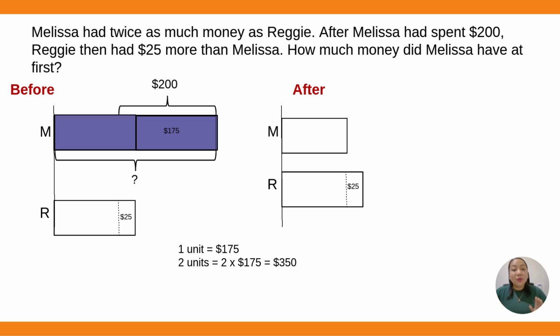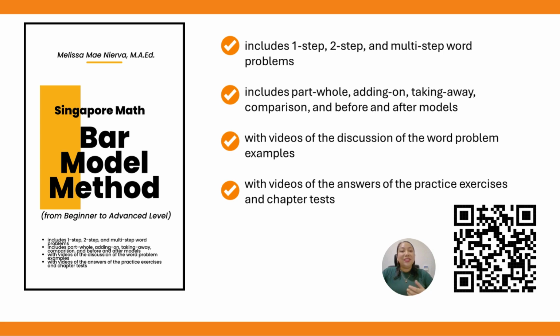And we can now see that one unit is equal to $175. So to get what two units are equal to, all we have to do is to multiply 2 by $175. And that will give us $350. Therefore, Melissa had $350 at first.